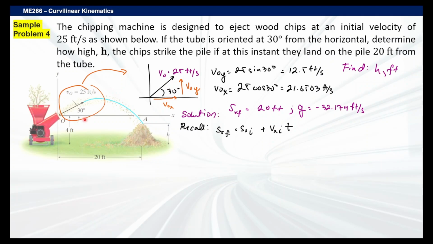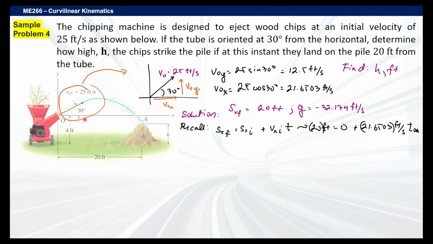There we go. And all we have to do lang dito is just substitute the known values. We know that the initial position s sub xi is 0 at the point of origin, and s sub x is 20 feet. We know Vxi, or Vox, basically Vo cosine 30 degrees. That's 25 cosine 30 degrees, 21.6503. Okay? And all we have to do now is just isolate the time here.